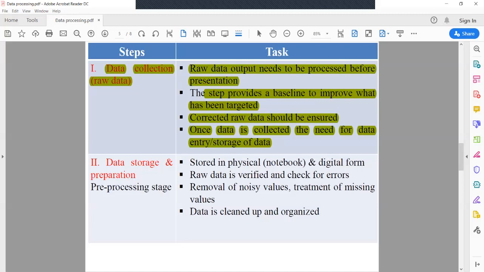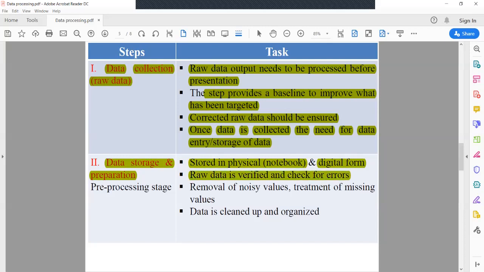The second step, which is part of the pre-processing stage, is the data storage and data preparation stage. Data is either stored in a physical format in the form of a notebook, or in digital form where data is entered in various software on the computer. Here in this step, raw data is verified and checked for errors.